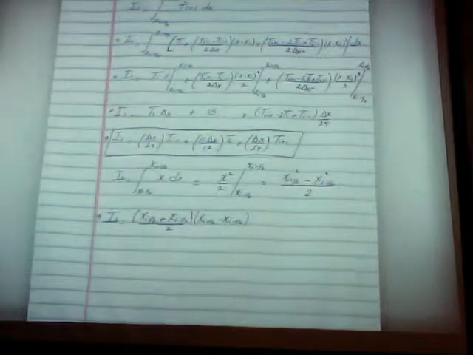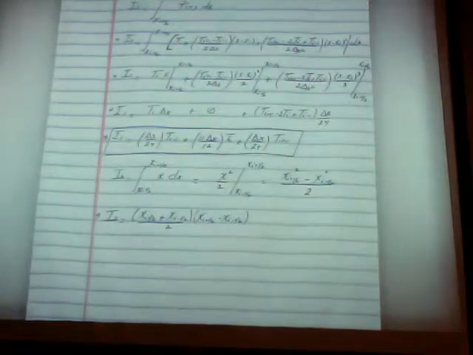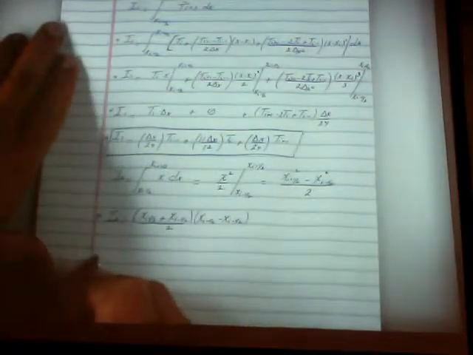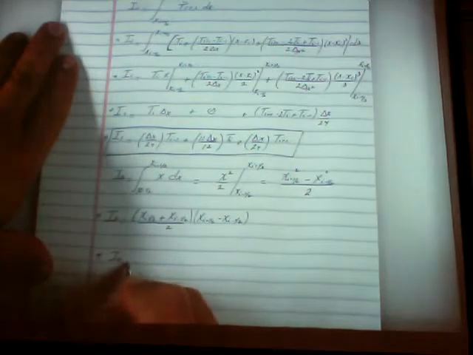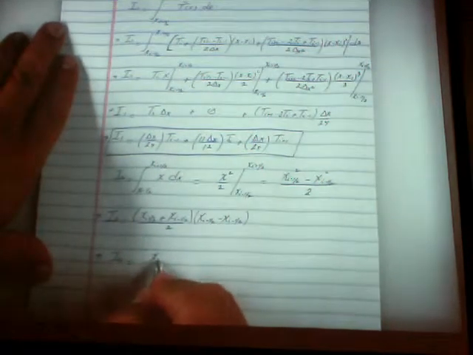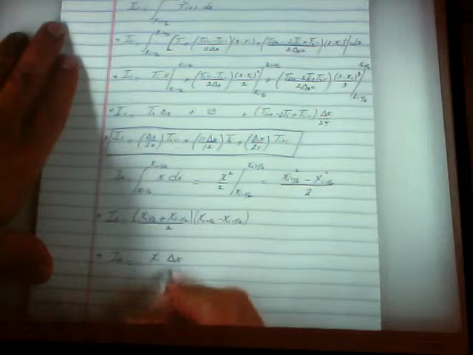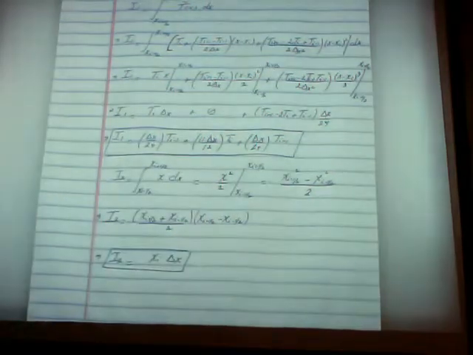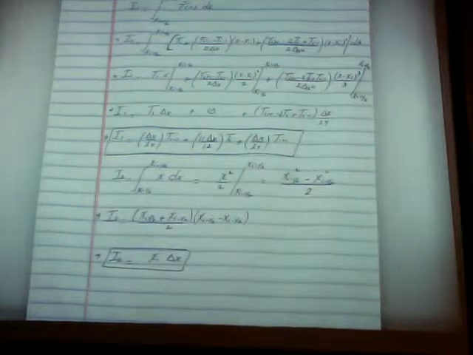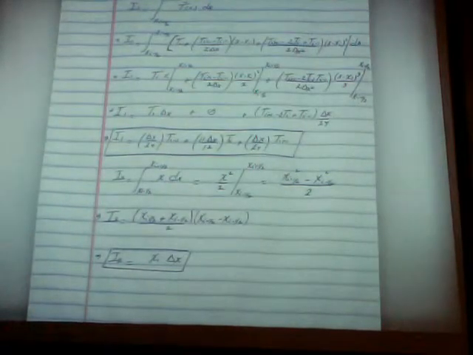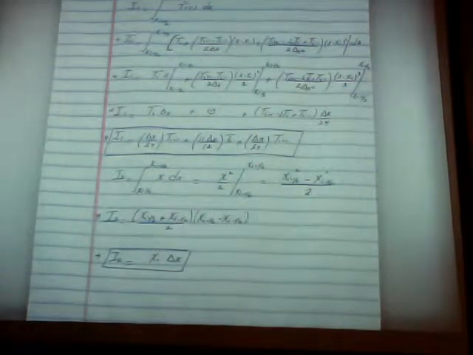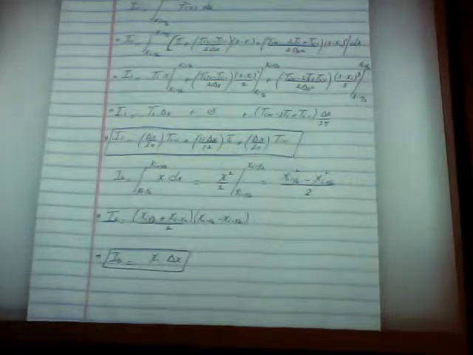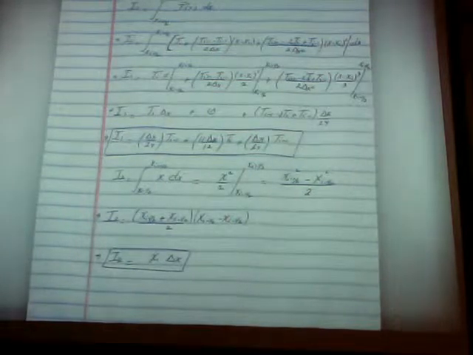So, I2 is equal to x_i times delta x. Now we have all the components that go into the residual minimization.